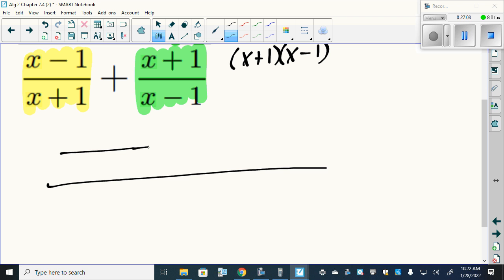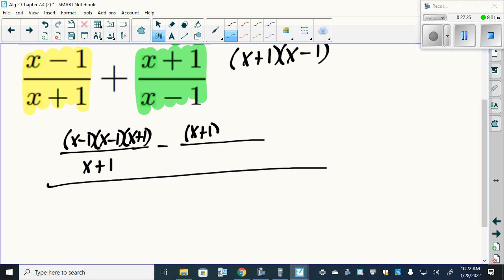We have x minus 1 times x minus 1 times x plus 1 over x plus 1, minus, here we're going to have plus 1 times x minus 1 times x plus 1 over x minus 1.